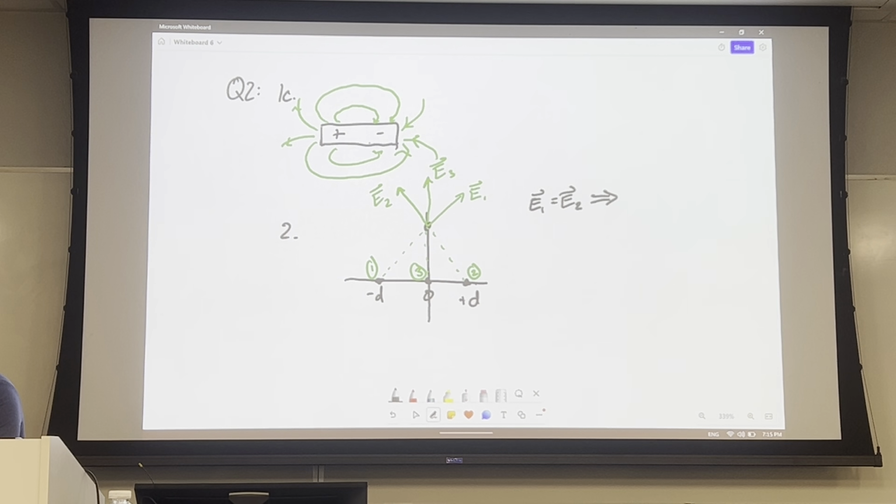Actually, the vectors are not equal. The magnitudes are equal. E1 is equal to E2, that is true. Their exponents cancel, and we know that the angles are also going to be the same.